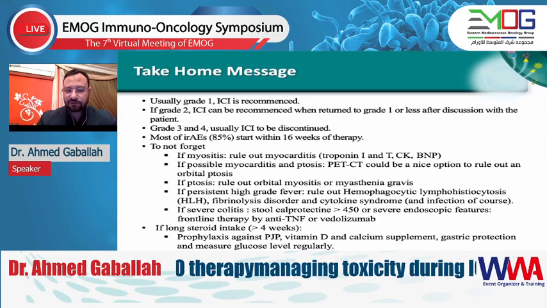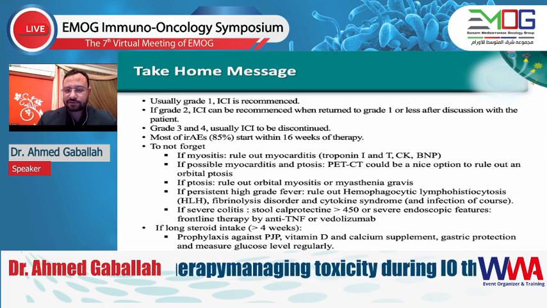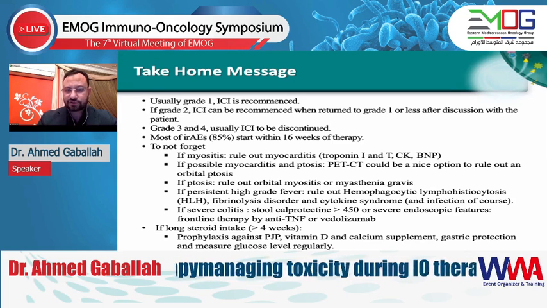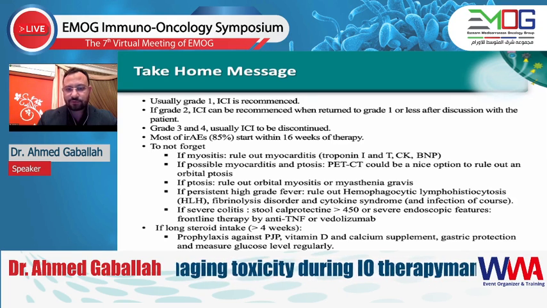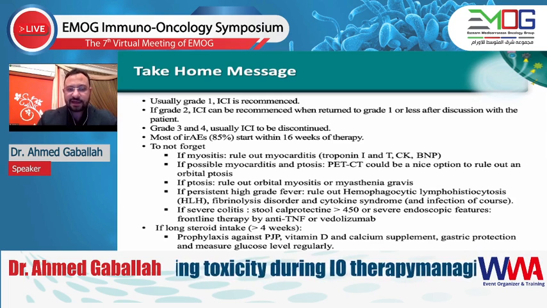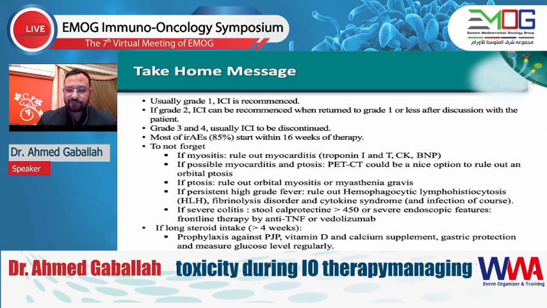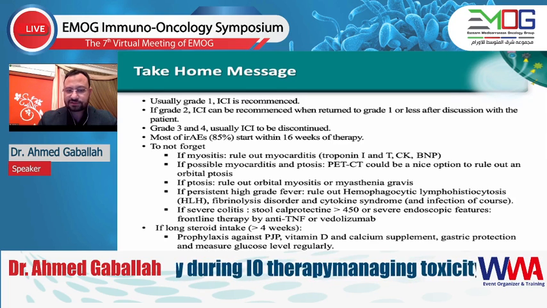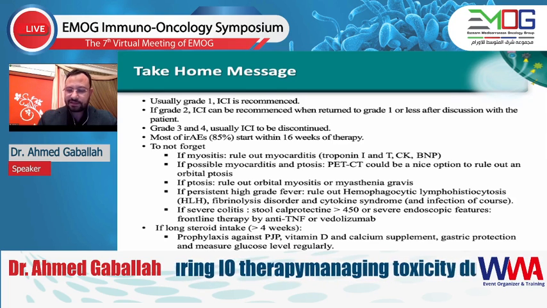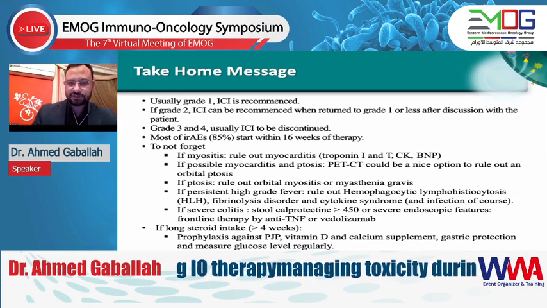And in severe colitis, with stool calprotectin more than 450 or severe endoscopic features, start immediate infliximab or vedolizumab within 10 days. And if you are going to give steroids for more than 4 weeks, don't forget to give prophylaxis against pneumocystis and give vitamin D and vitamin C supplementation.